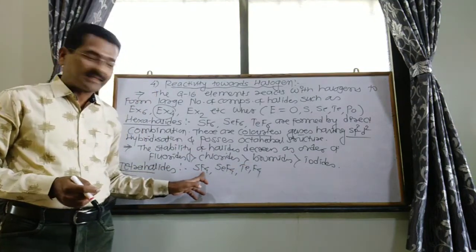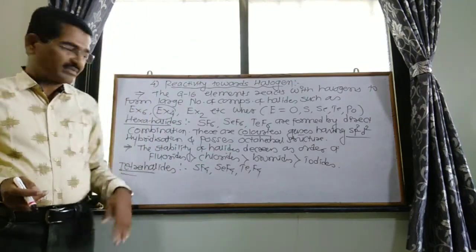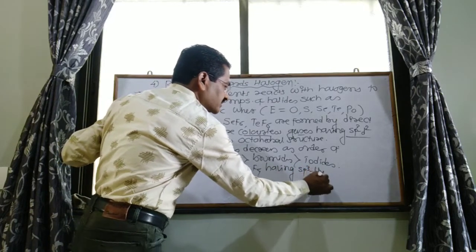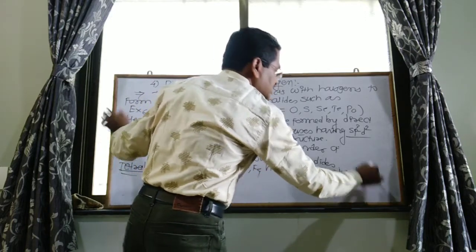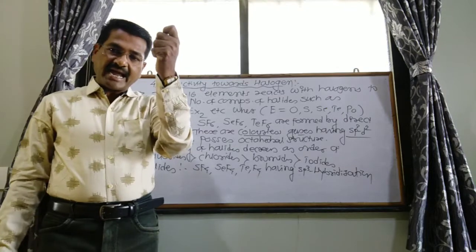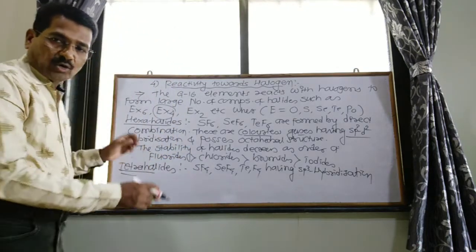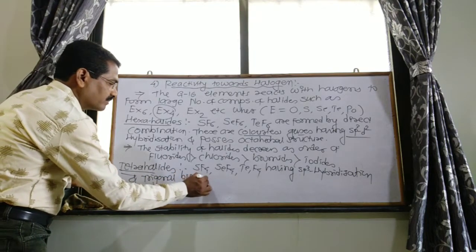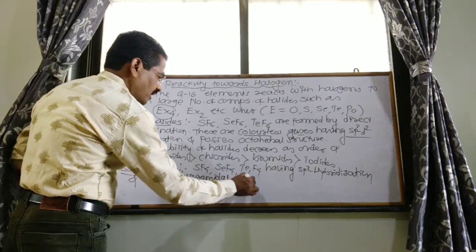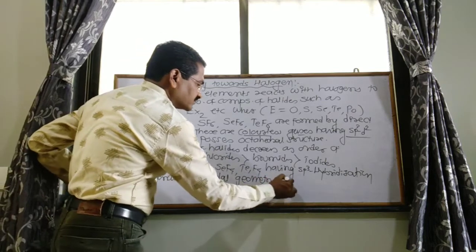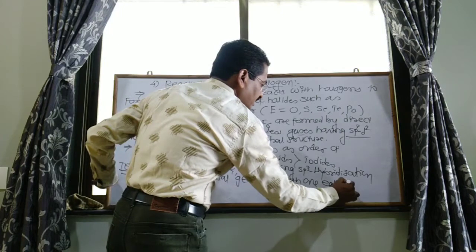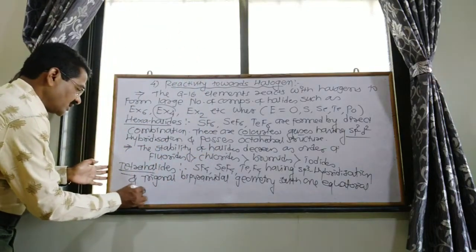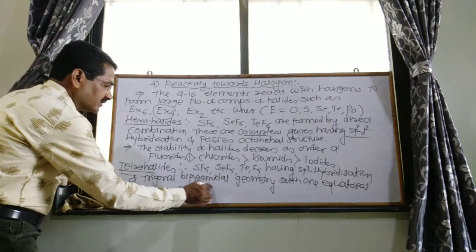Sulfur tetrafluoride, selenium tetrafluoride and tellurium tetrafluoride are tetrahalides having sp3d hybridization and trigonal bipyramidal geometry with one equatorial position occupied by a lone pair.